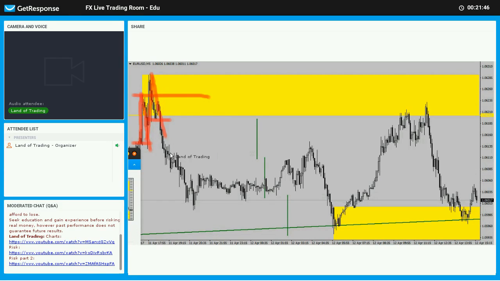So we know that if there were sellers here, we went higher and the market was able to push it lower. So if we had sellers here, they were trying, after the move lower and retest, to push the prices lower.